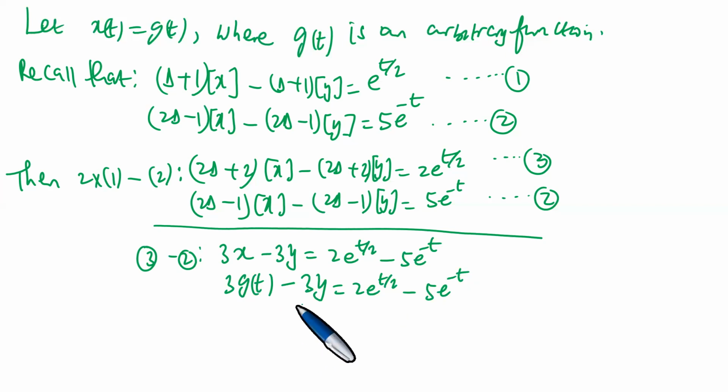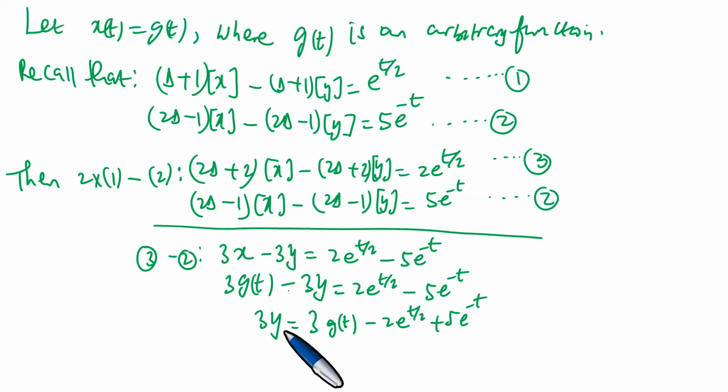Okay, so now we make y the subject here. So which means that we can write 3y is equal to, if you move the 3y to the other side, to the right-hand side, we have 3g of t minus 2e to the t over 2 plus 5e to the minus t.